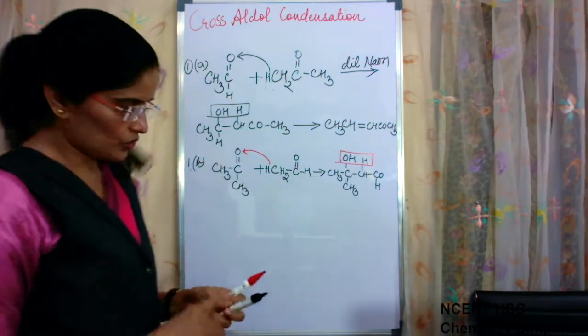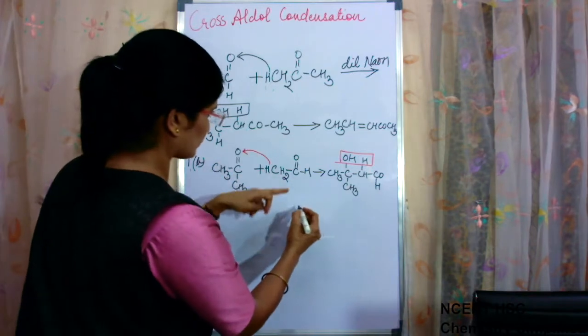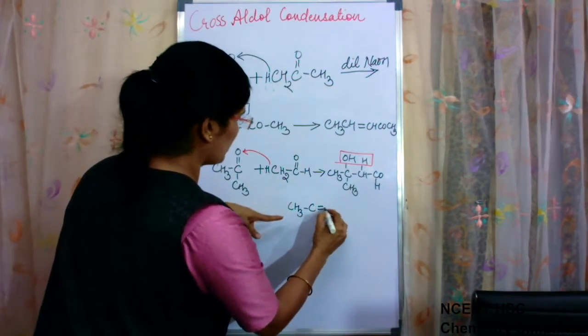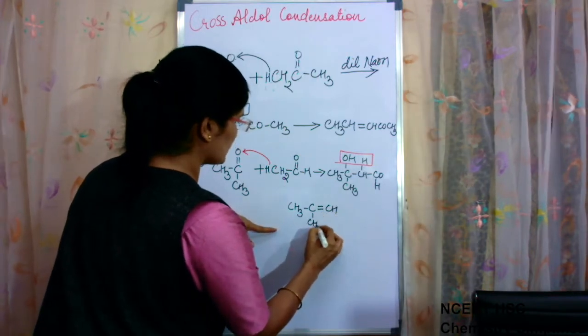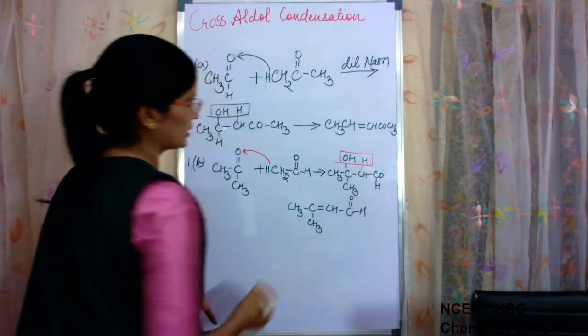So the water molecule is lost. After that what will happen? CH3 C double bond CH CH3 and C double bond OH.